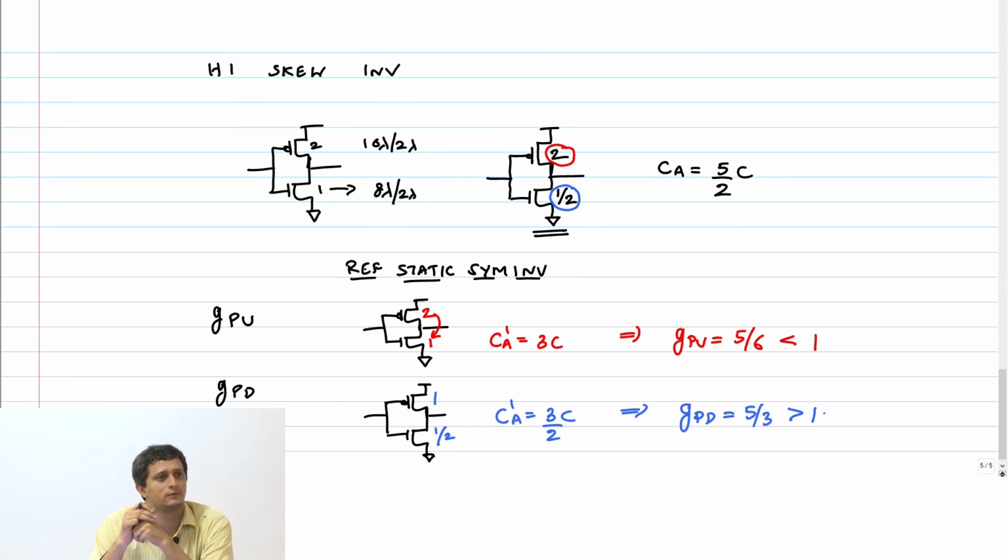Any questions? So now you can take this idea of a high skew inverter and take it to a NAND gate, take it to a NOR gate, and so on. Right? So for example, if I have 2.5, I want to now construct a high skew NAND.